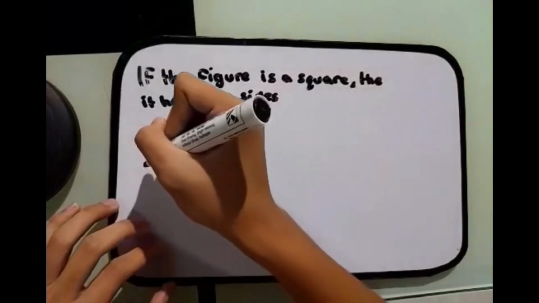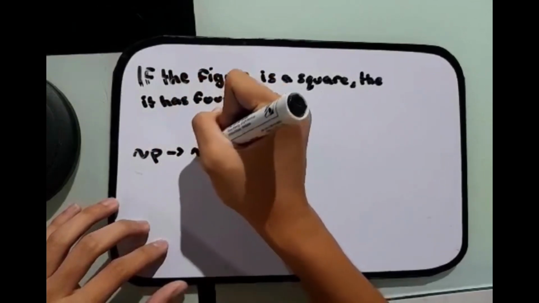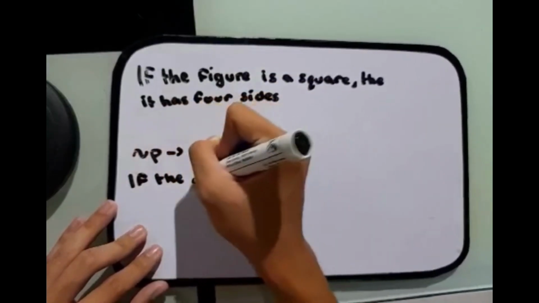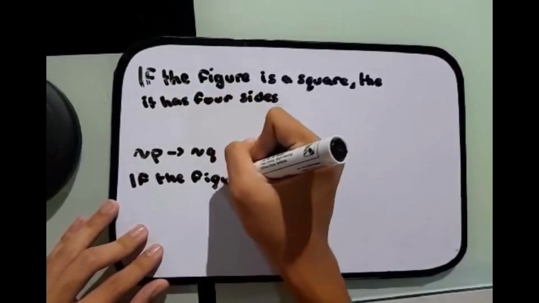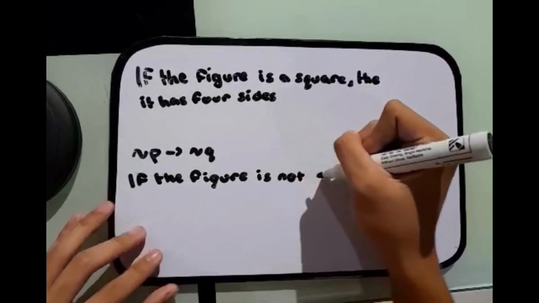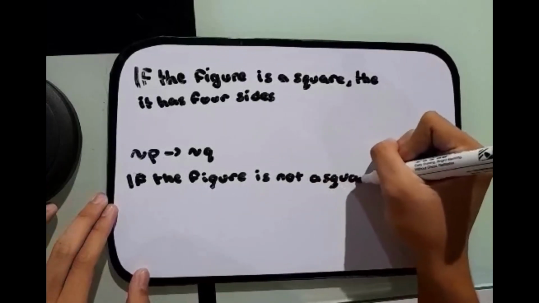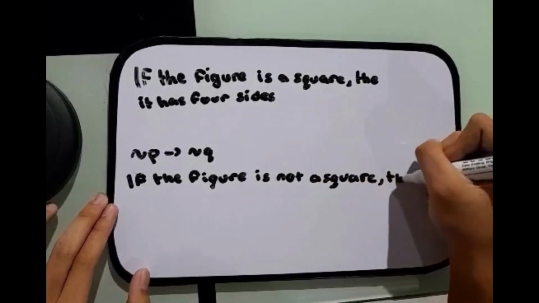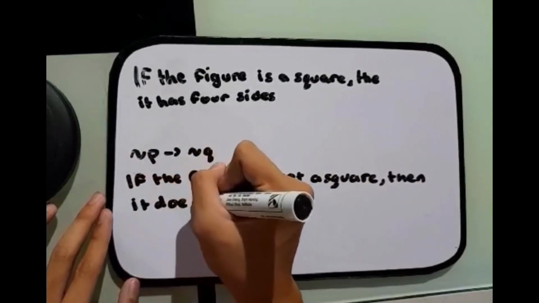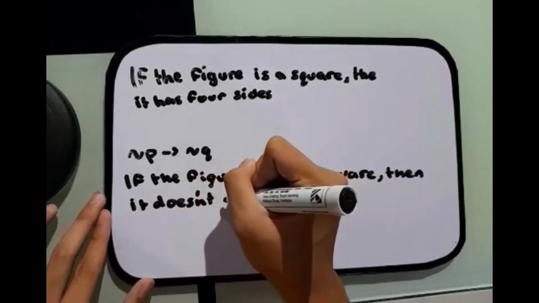Let's turn this into inverse statement. If not P, then not Q. If the figure is not a square, then it doesn't have four sides.